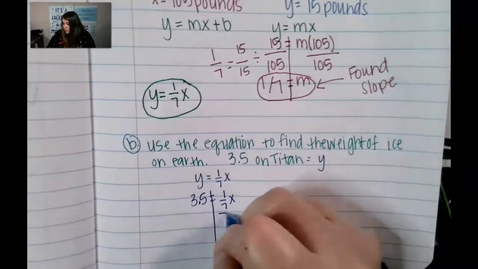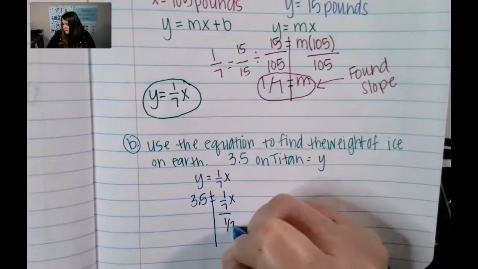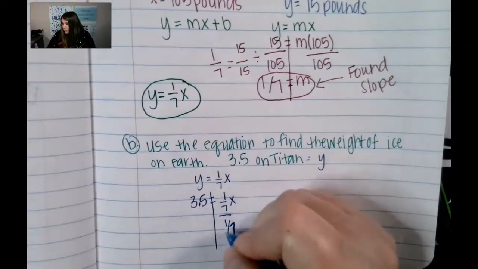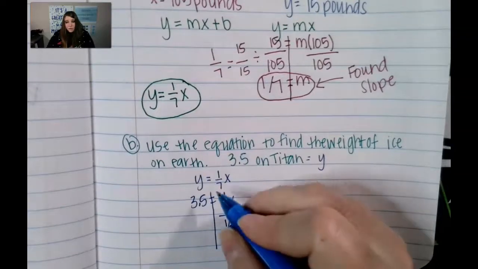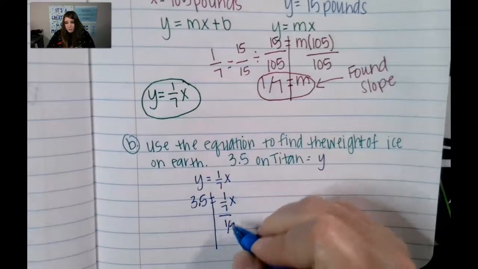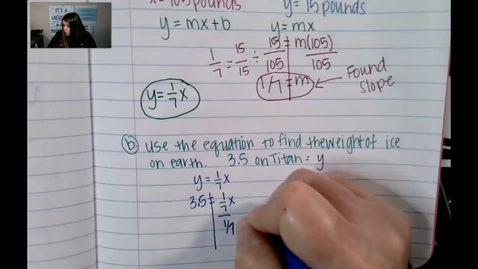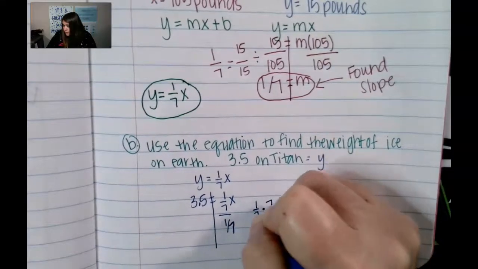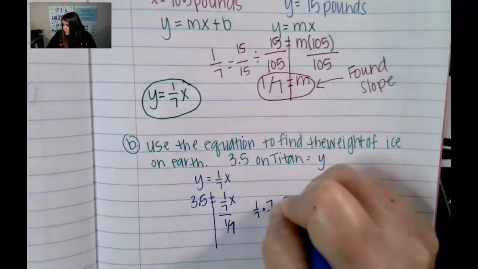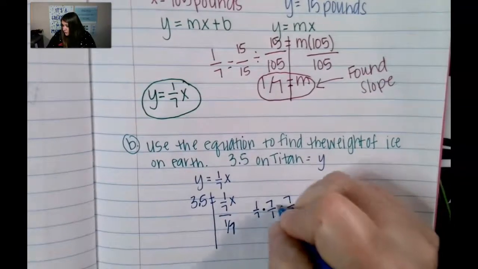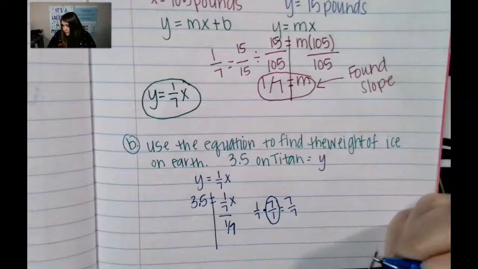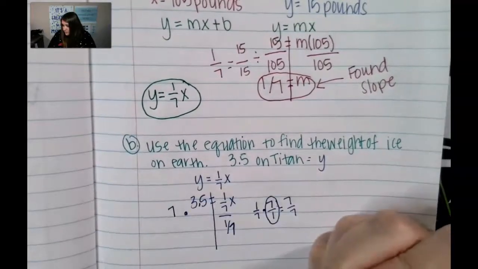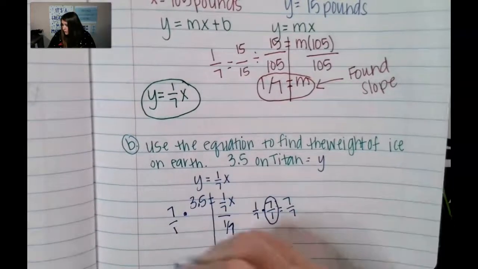So we're going to divide by 1/7. But if we divide by 1/7, we know that a fraction divided by a fraction, we need the reciprocal, right? So I'm going to keep it, change it, and flip it. This gives me 7 over 1. So my multiplier here is times 7 over 1. I'm so sorry.